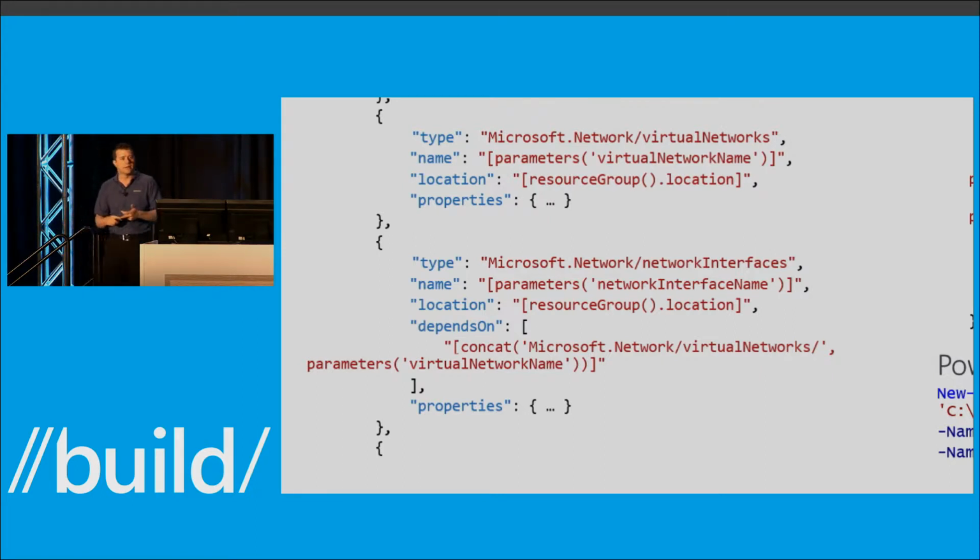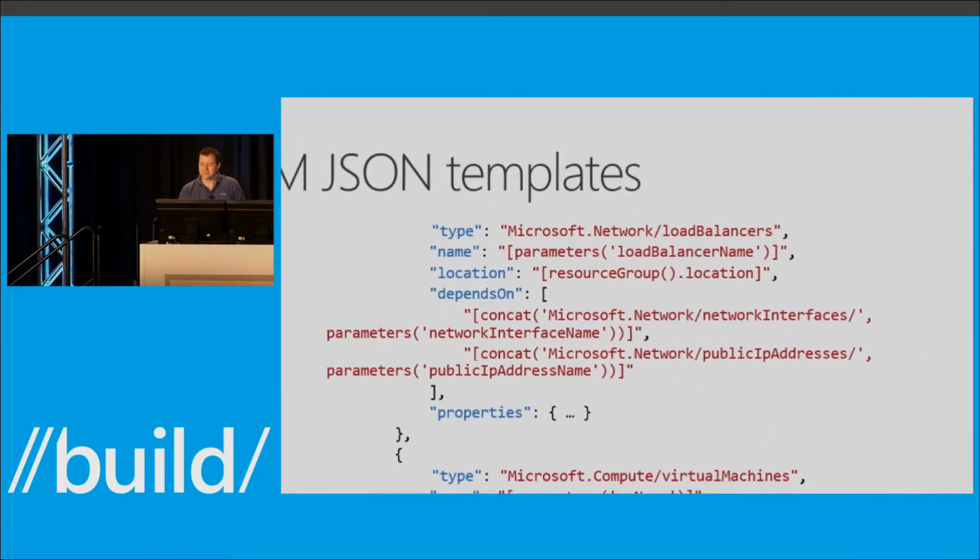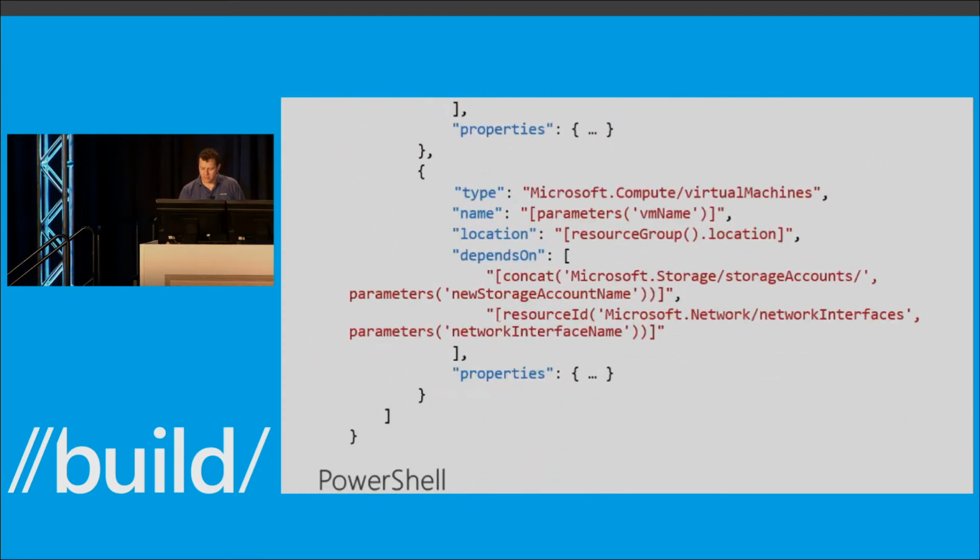So we get maximum throughput, minimum time executing the template, and all the parallelization gets done at the ARM level, as opposed to you having to figure out the best and most optimum way to do it yourself, which is fun.